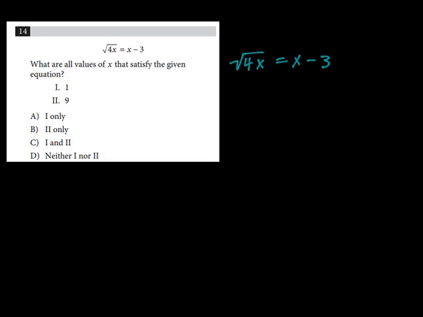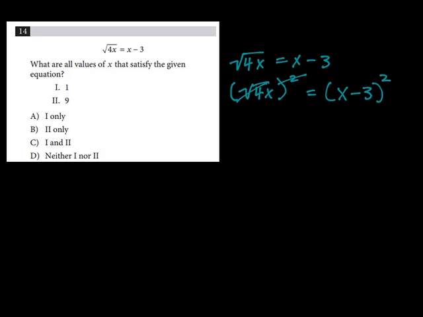Now we're going to square both sides of this equation, so we'll square the square root of 4x and square x minus 3.